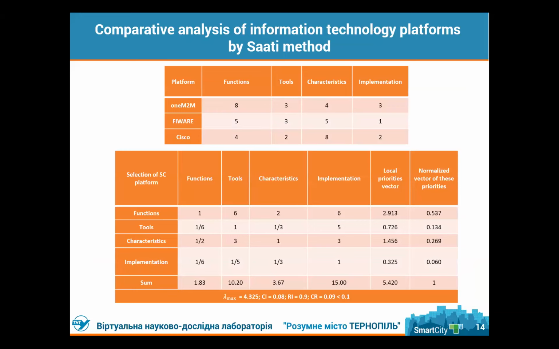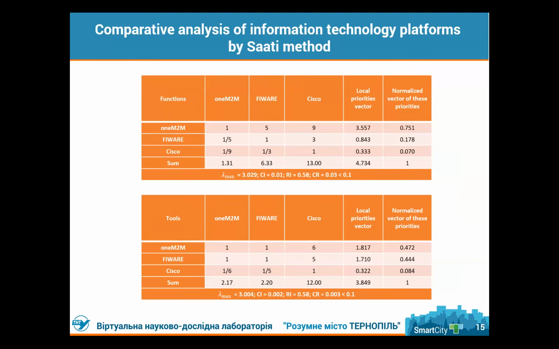Based on the results of expert assessment for the investigated smart city platforms, let us determine the best platform by means of the SAATI method. We can see on this slide the normalized matrix of pairwise comparisons of criteria with regard to the goal.